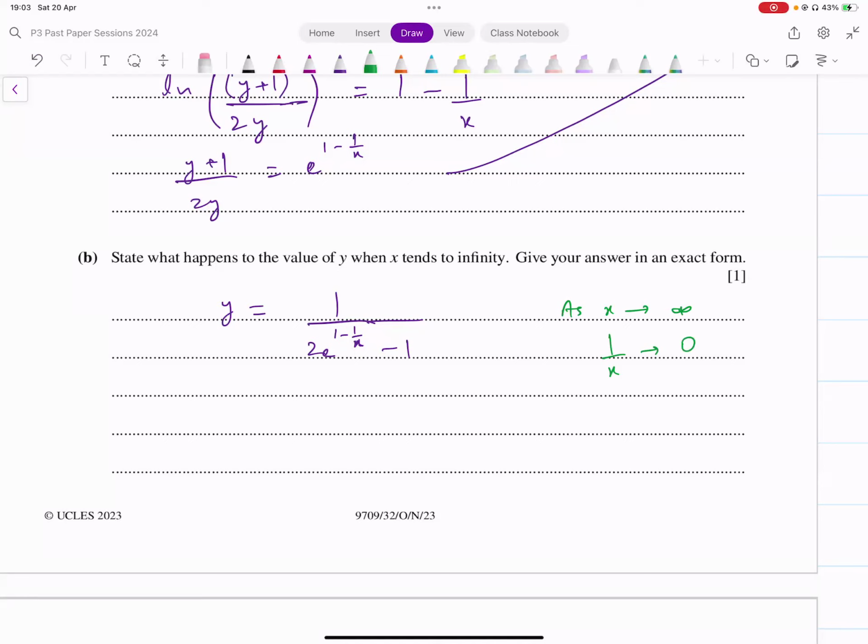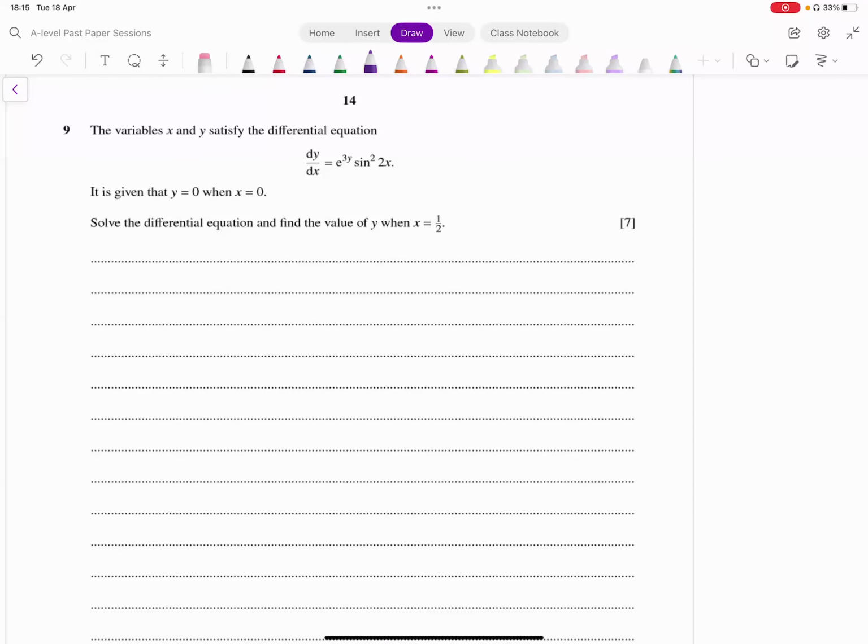So 1 over x will become 0. So what happens to this fraction then? It becomes 1 over 2e raised to power 1 minus 0 minus 1. So what's 1 minus 0? That's just 1. So this gives you y equal to 1 over 2e minus 1. This is the exact value of y that you get from this.